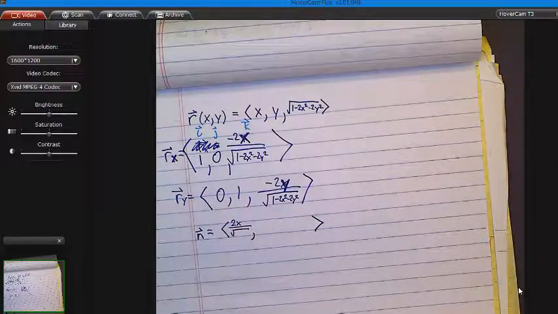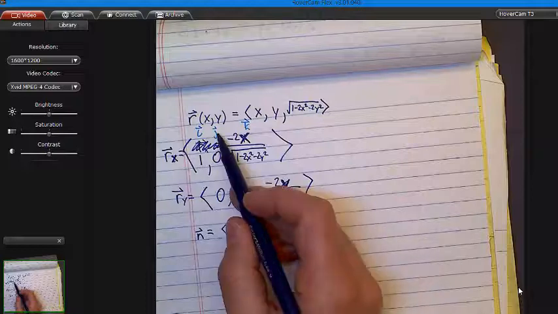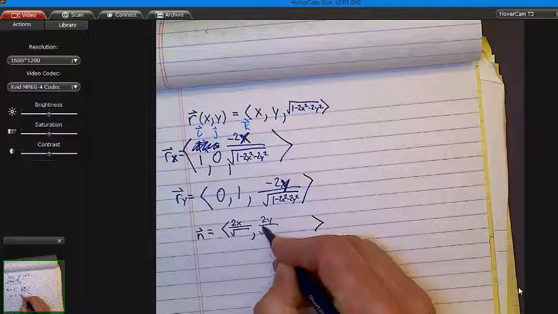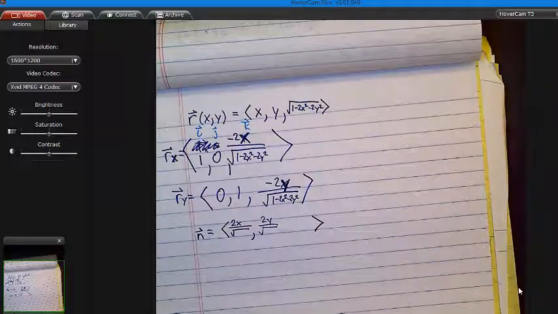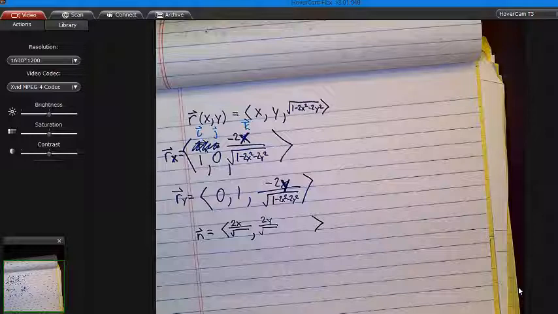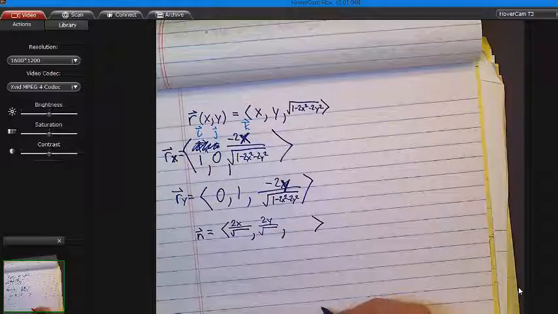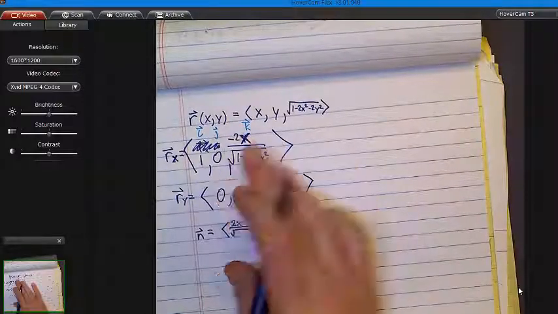But because it's j, I have to do negative, so I get 2y over the square root thing. I'm just sick of writing 1 minus 2x squared minus 2y squared. Plus, I can see what's going to happen. What do you get for the z coordinate? Well, you just get 1, right?